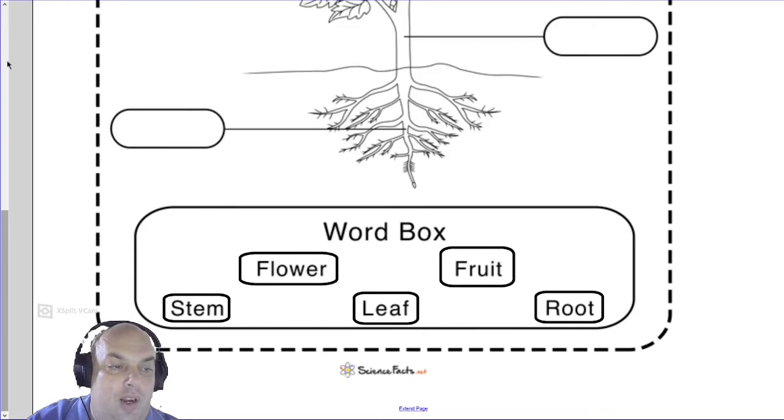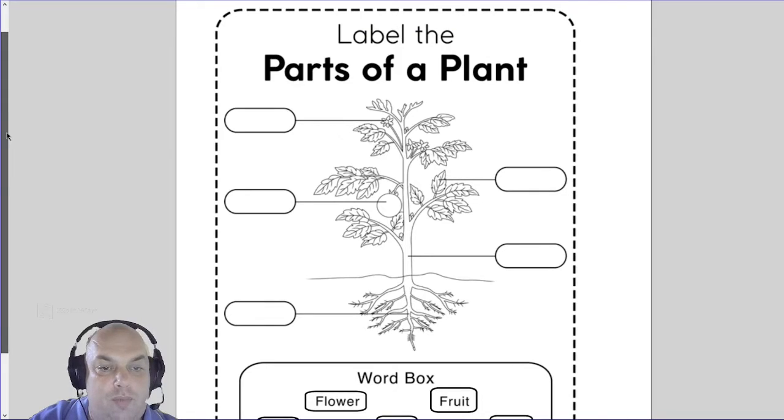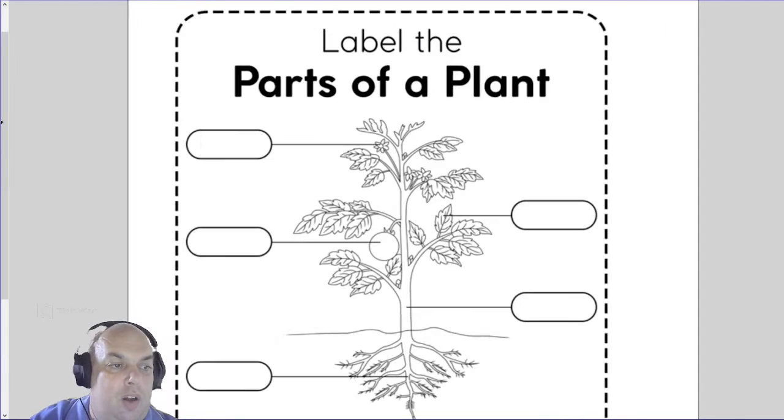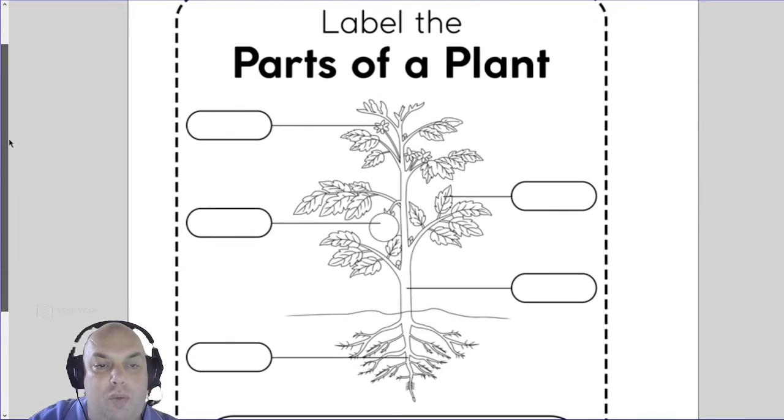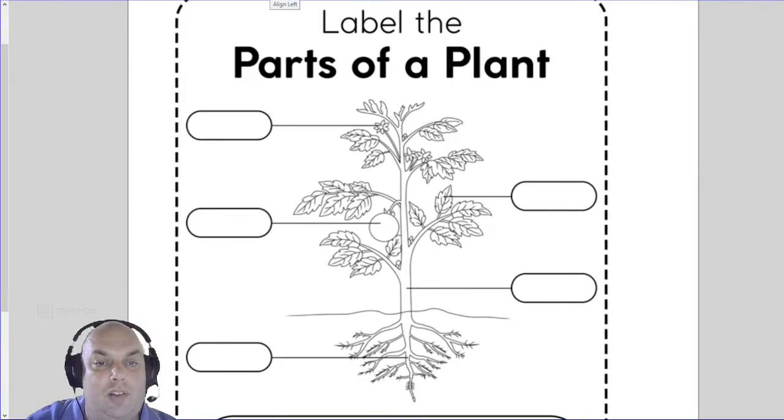Alright, let's go and have a look at the plant over here. And let's fill in all these words in the boxes. So we're going to label the parts of the plant. We're going to start with the first part of the plant, which is this one over here.